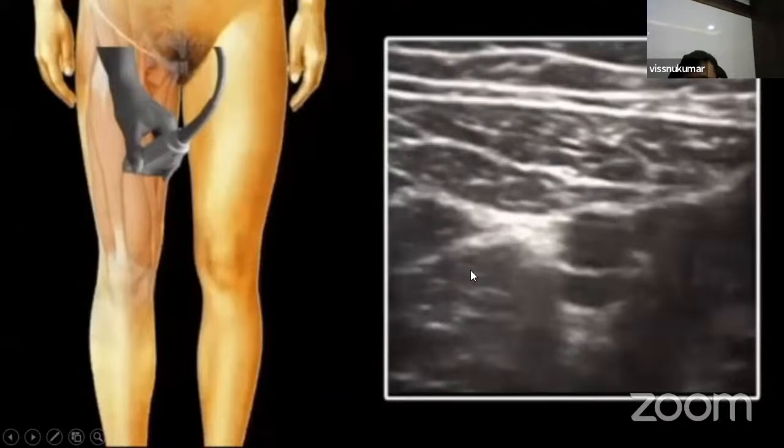This is the nerve to vastus medialis, and this is the vastus medialis, and here we have the adductor. So the vastoadductor fascia is going to cover the nerves, and ultimately our needle has to pierce the vastoadductor membrane to give local anesthesia in this region.